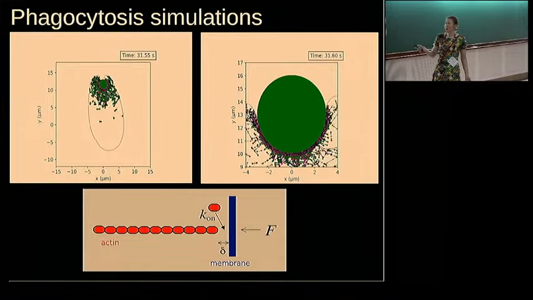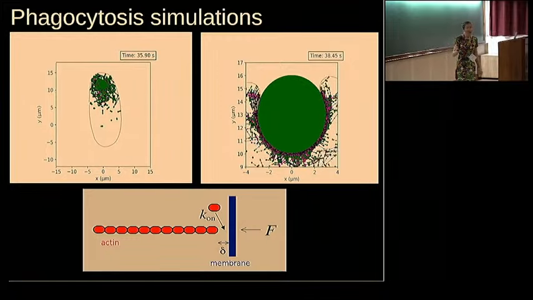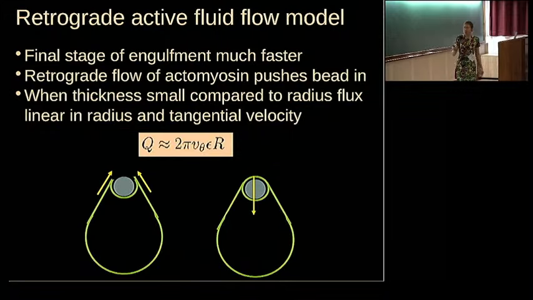Because here we show that actin polymerization alone in this model is sufficient, but it's not very fast compared to what's seen in experiments. So here we're suggesting that in addition to the actin polymerization that I've shown in the previous slides, we also have actin-myosin contraction happening. And that the actin-myosin contraction can cause an inward force to push the bead into the cell faster than you would get just by the actin polymerization.